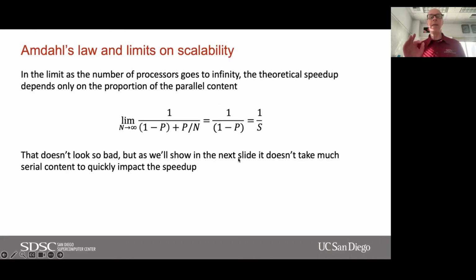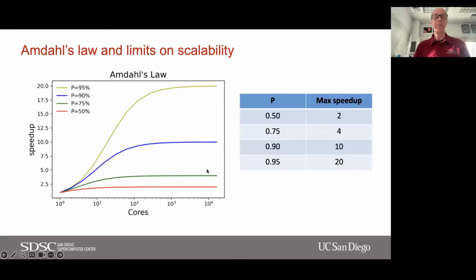So in the limit, as the number of processes goes to infinity, the theoretical speedup is going to depend only on the proportion of the parallel content. So we let N go to infinity. Our expression simplifies to 1 over (1 minus P), or 1 over S. So I'm going to say this doesn't look so bad, but we're going to show in the next slide that it doesn't take much serial content to impact the speedup of your code.